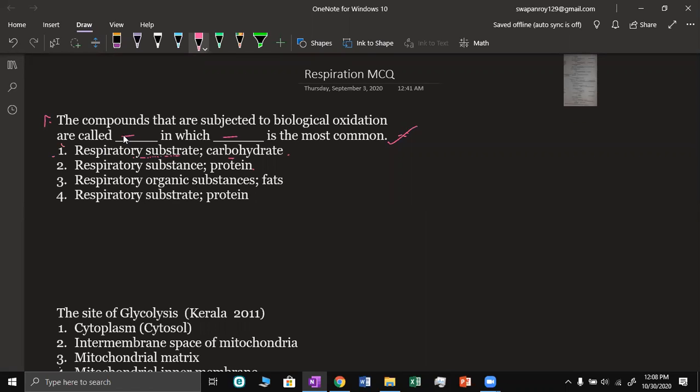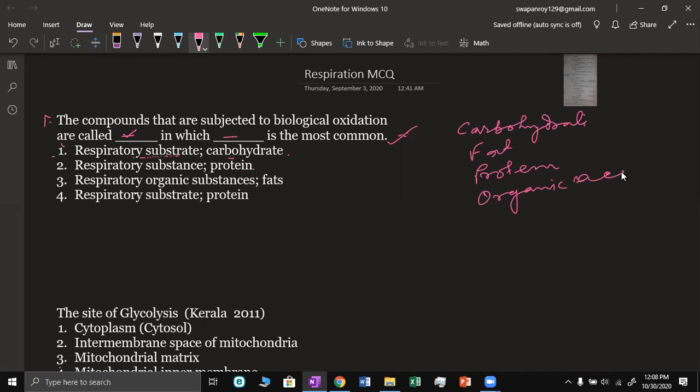This is known as a respiratory substrate. The respiratory substrates that we have learned are carbohydrate, then fat, protein, and organic acid.